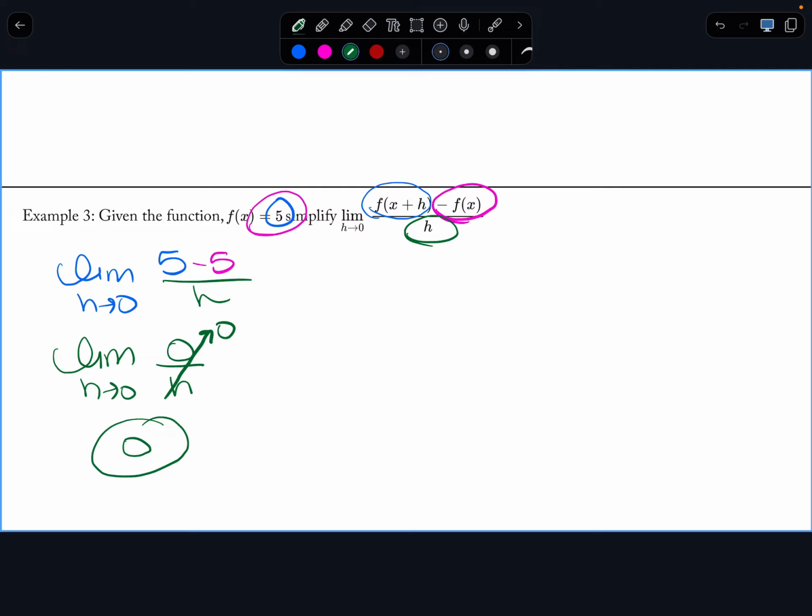I only do this one because this limit represents an operation, and when we do the operation of 5, it is going to be 0. Which is, again, tomorrow. Okay, questions.